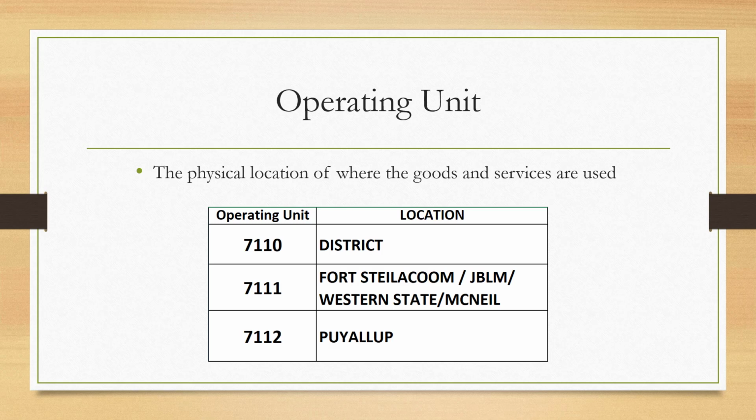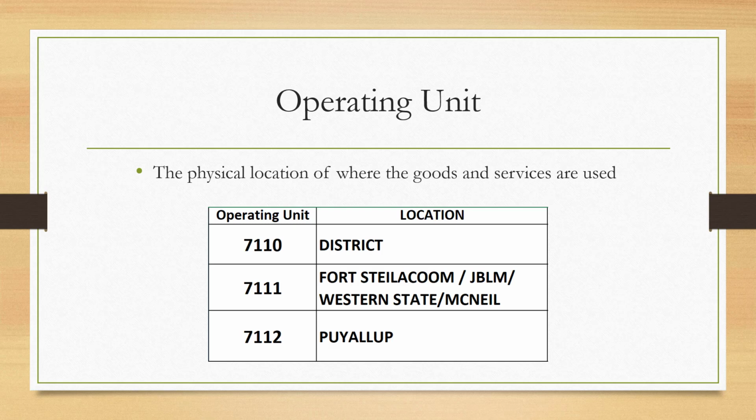It is important to remember that the shipping location does not always equate to the operating unit. The operating unit is where the money used for goods or services is being spent. For example, if the Human Resources Department orders office supplies for their staff, because HR staff are district employees and the items could be used at any location, they would use the District Operating Unit 7110.